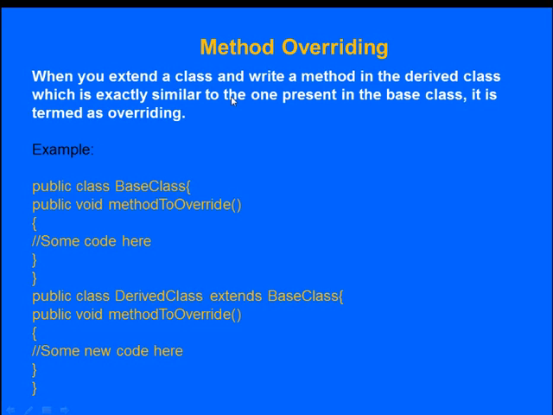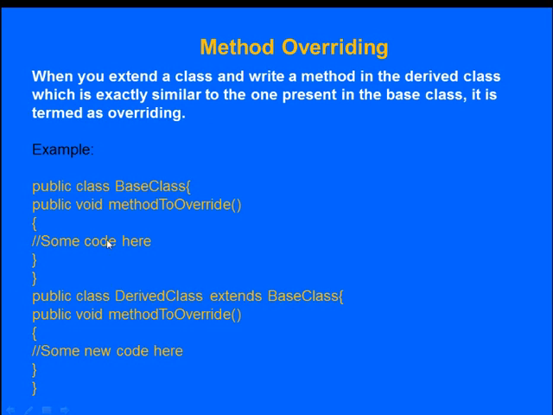When you extend a class and write a method in the derived class which is exactly similar to the one present in the base class, meaning its name is the same as that of the base class method, its return type is the same, it has the same number of arguments, and the data types of the corresponding arguments are the same, then it is termed method overriding.